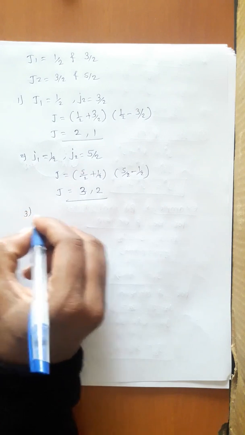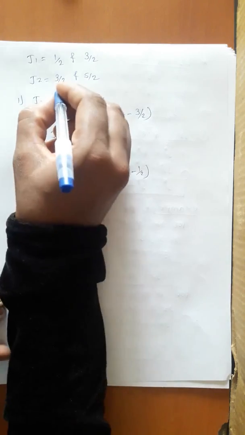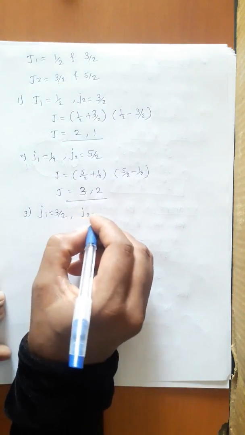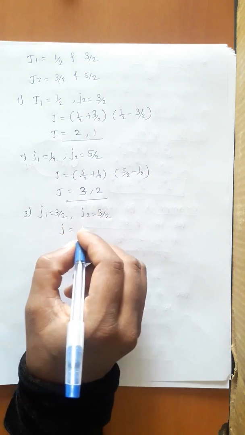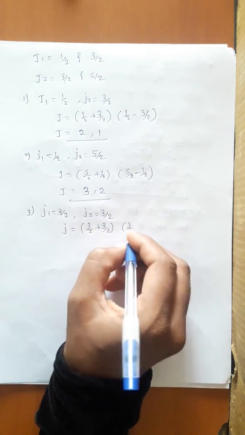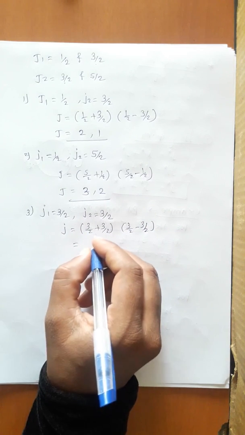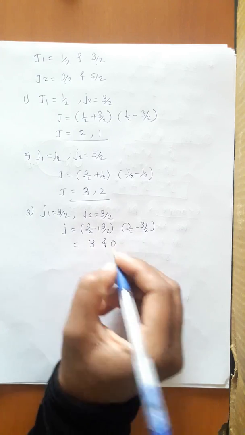Third, J1 is equal to 3/2 and J2 is equal to 3/2. Then the value of J is 3/2 plus 3/2 and 3/2 minus 3/2, that is 6/2, which is 3, and 0.